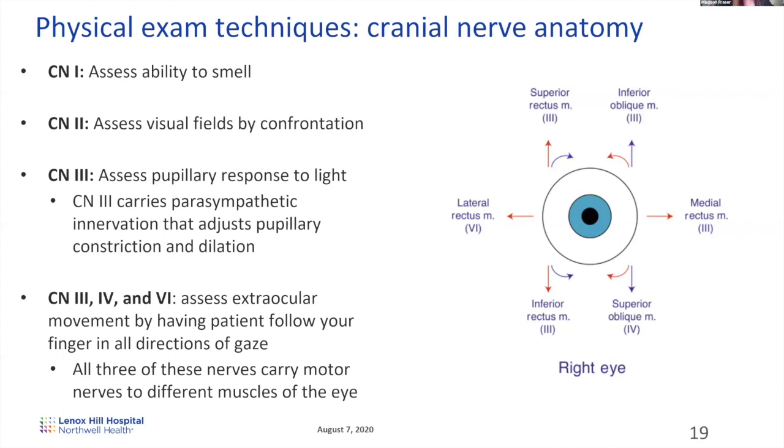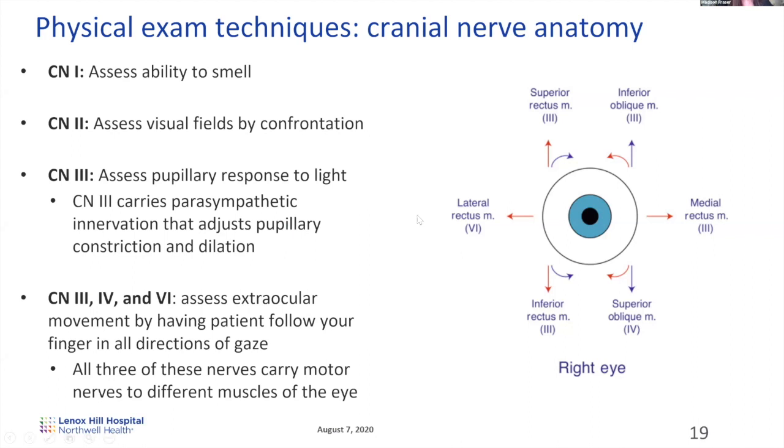That's a very important thing to know. And I'm sure you may have heard a lot of times in trauma cases, people will say their pupils are fixed and dilated. That can also be due to damage to cranial nerve 3 from extensive head or brain trauma. So this is just a really good way to test that.